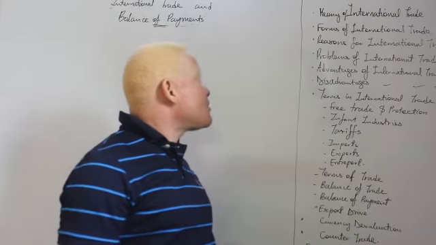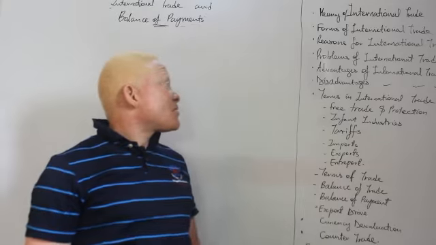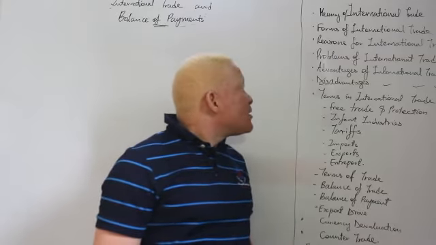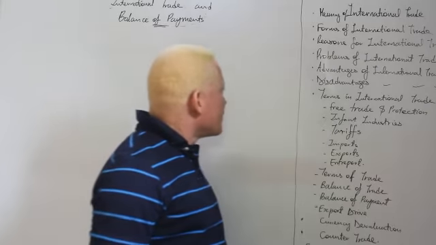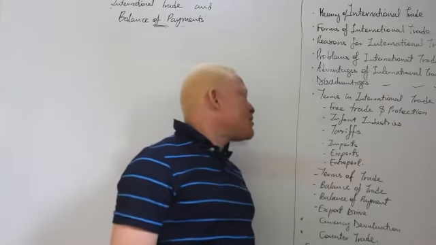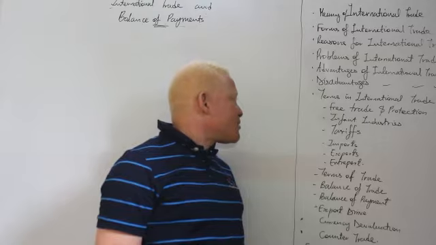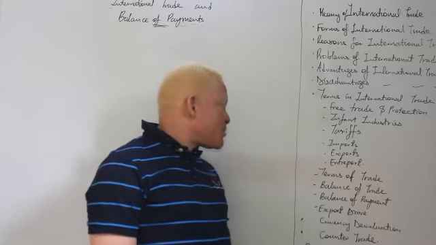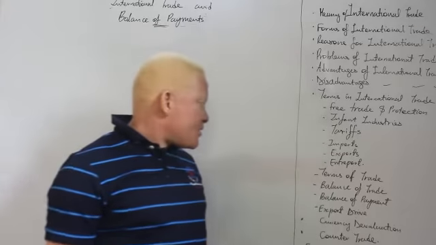The first we'll be looking at is the meaning and definitions of international trade, forms of international trade, reasons for international trade, problems, advantages of international trade, disadvantages, and the terms in international trade. We'll look at free trade and protection, infant industries, tariffs, import, export, entrepot, terms of trade, balance of payment, export drive.